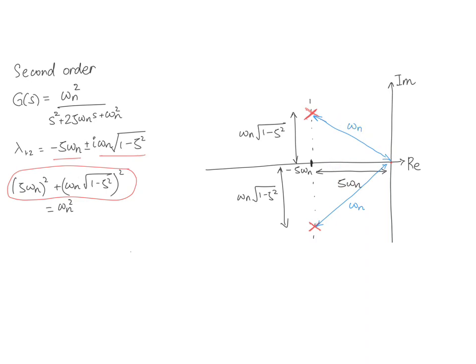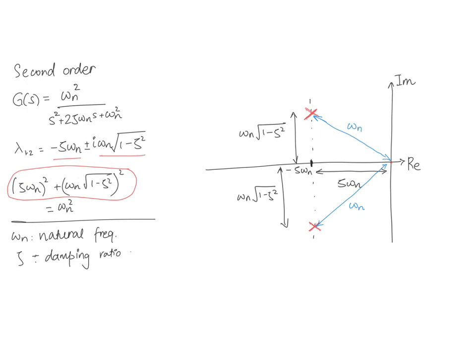It is only dependent on zeta. So this is a good time for a quick refresher of what these symbols mean. Remember, omega n was the natural frequency, and zeta was the damping ratio.